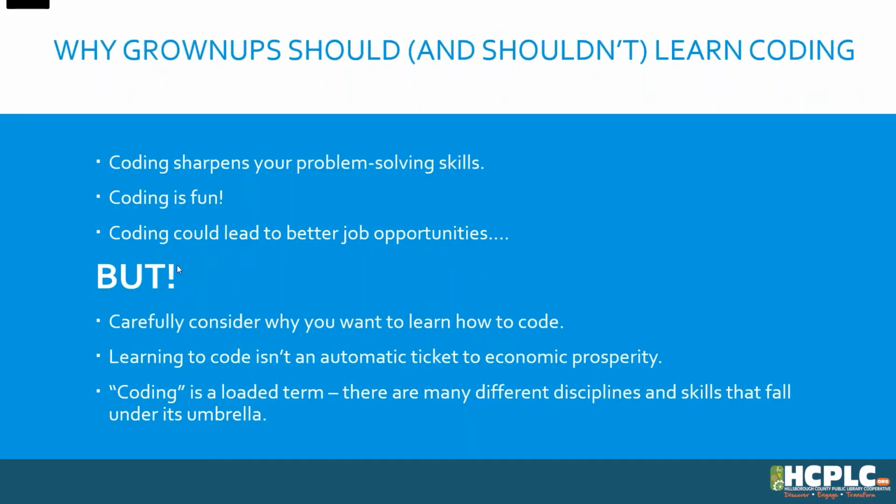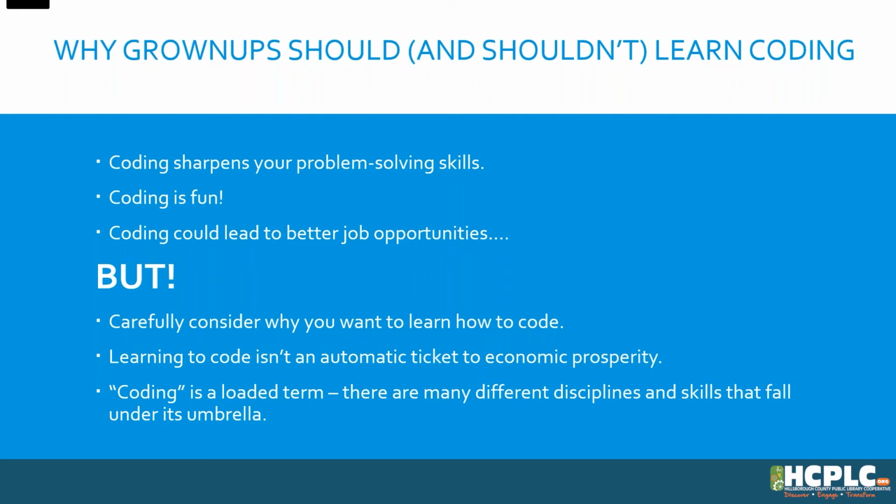So let's talk about why grown-ups should and should not learn coding. One of the biggest reasons is that it sharpens your problem-solving skills. If you attended my Coding Stuff Youth Edition yesterday, I stressed the importance of coding for computational thinking and problem-solving. When I talked about why children should learn, it was for those two reasons. It's actually the same reason for adults.